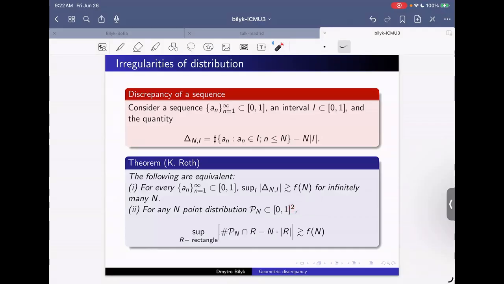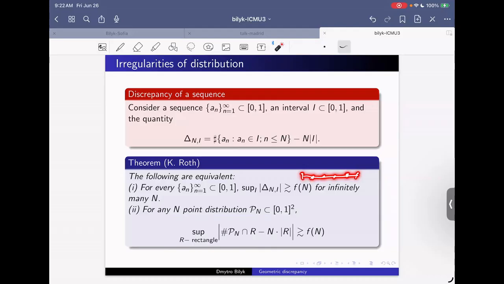Notice that the formulation is slightly different. In the dynamic setting for the sequences, the lower bound holds not for every n, but for infinitely many values of n. And this is actually quite natural. If you think of sequences, so say we're in the unit interval, and you start putting a sequence, you can at some point achieve very small discrepancy.